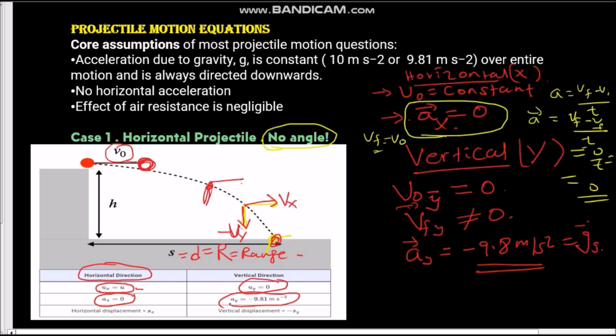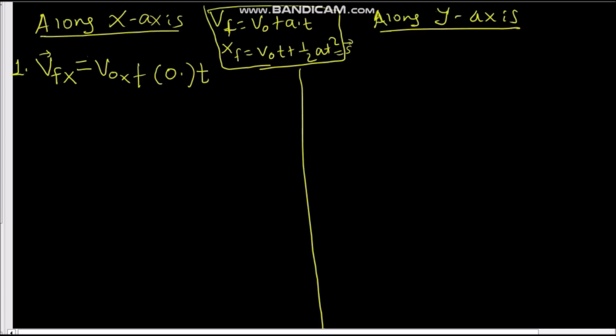Then along the x-axis, the final velocity across the horizontal x, don't forget to write x, is equal to v initial across x plus 0 times t, which is equal to v initial across x. That means the final velocity is always equal to the initial velocity.